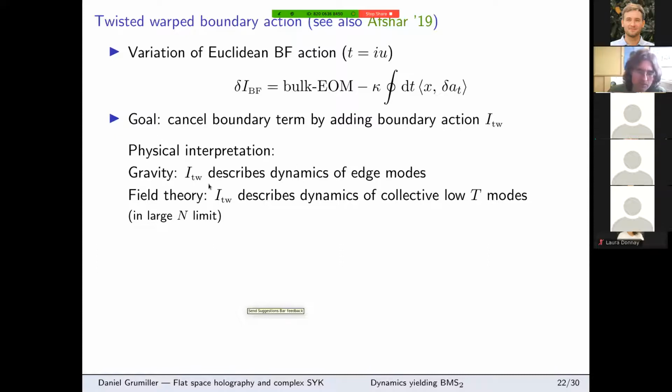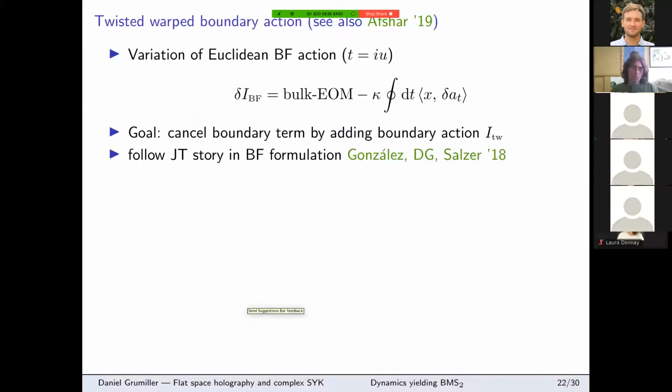And on the field theory side, which I address at the very end of my talk, this twisted warped action describes the dynamics of the collective low temperature modes in the large N limit. But we're not there yet, so for now, let's not bother with holography. Let's just focus on the gravity side. So we follow, at the technical level, very much the Schwarzian story in the BF formulation, which you can find in this paper with Ernan and Jakob.